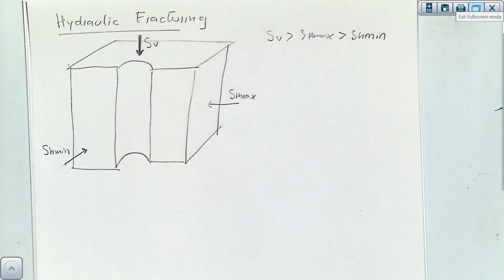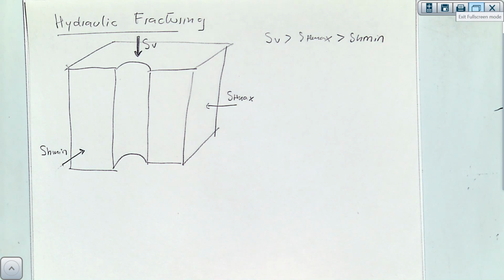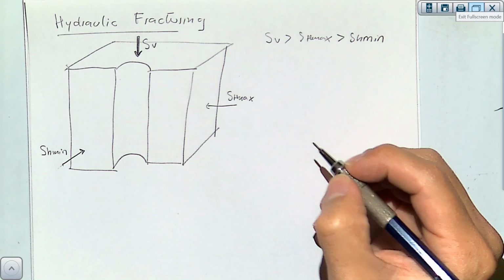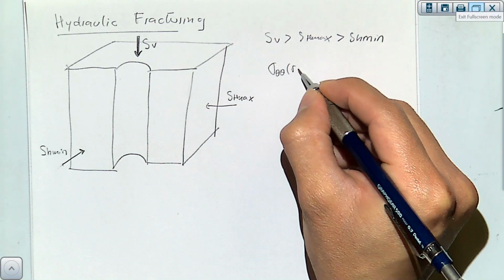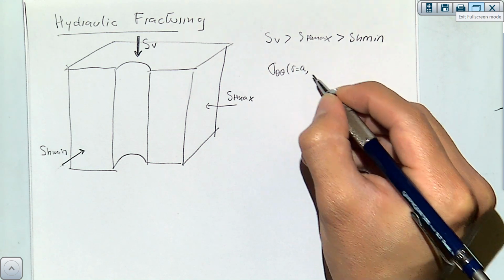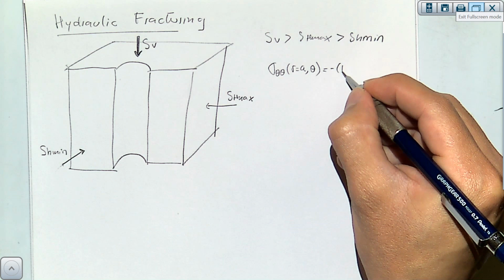If you remember from the equations from Kirsch for stresses around the wellbore, we will write those equations and we obtain that sigma theta theta at the wall of the wellbore, for any angle, was equal to this.